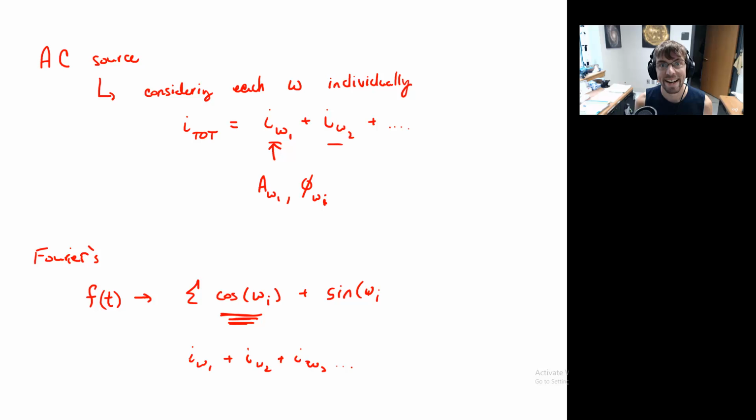So it all comes back together. Now you have a method for turning a periodic function into a bunch of cosines, each of a different frequency. And you know that if you have a multiple frequency source, you can just think of the individual contributions.